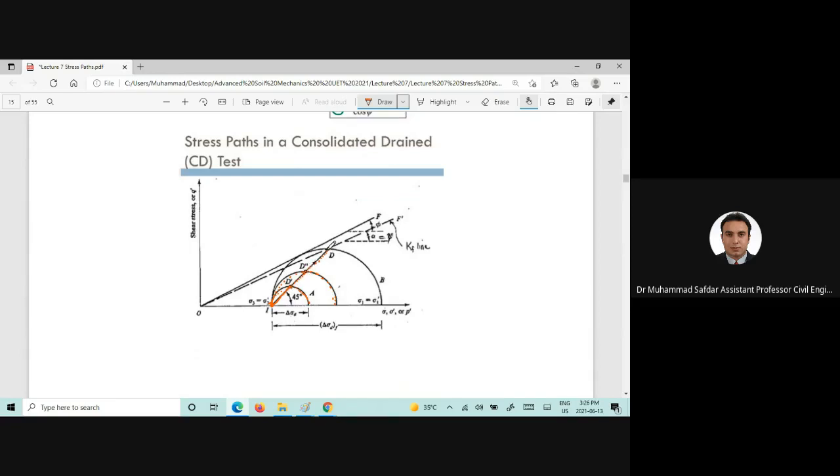Again, if we further increase the loading, the size of the Mohr circle will increase, which means that it will reach the deviator stress at failure. And that will lie on the Kf line, and that is the Mohr-Coulomb failure envelope or line.